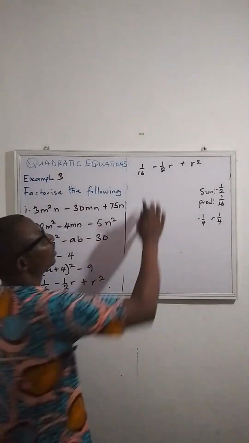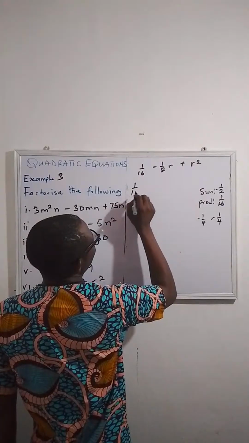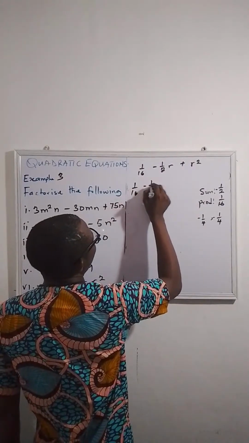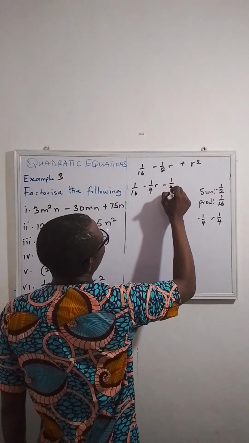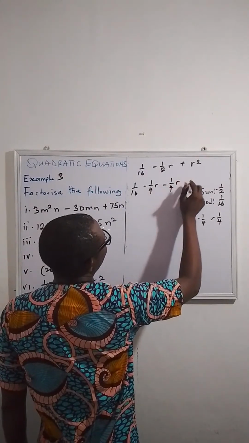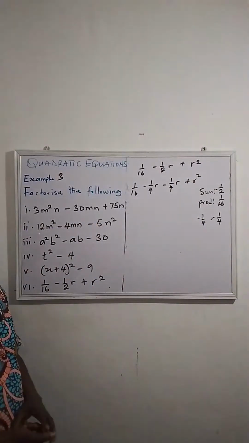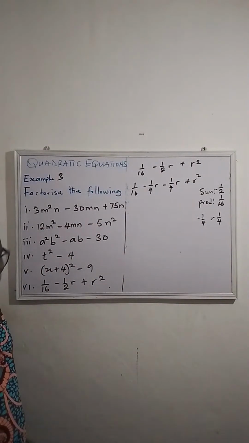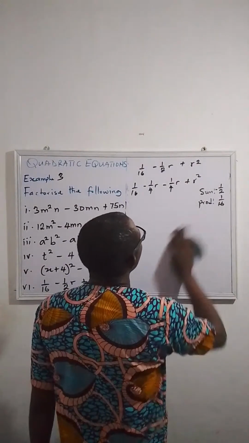So that means this turns to 1 over 16 minus 1 over 4 r minus 1 over 4 r plus r squared. Are we making sense? Good.